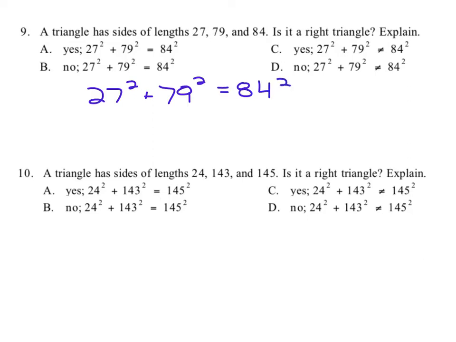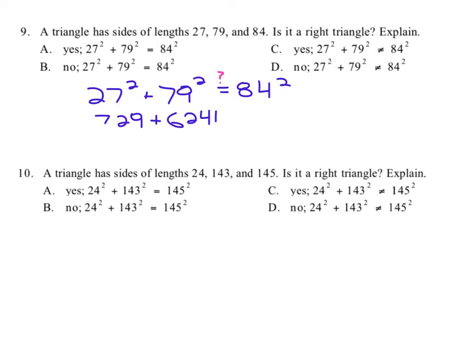And let's just do some little calculations here since you'll have your calculator. 27 squared is 729. 79 squared, 6,241. And I guess I should have a little question mark here.